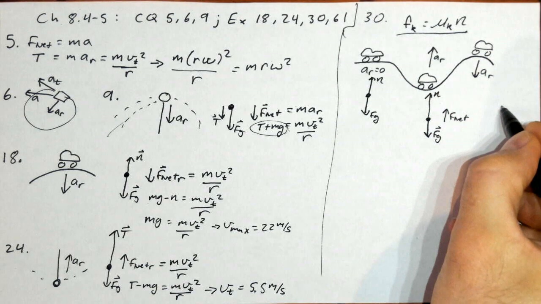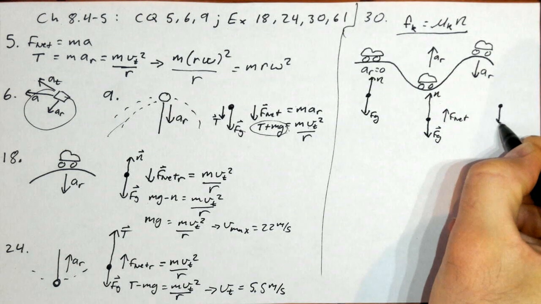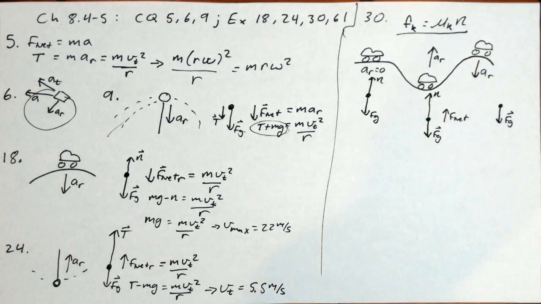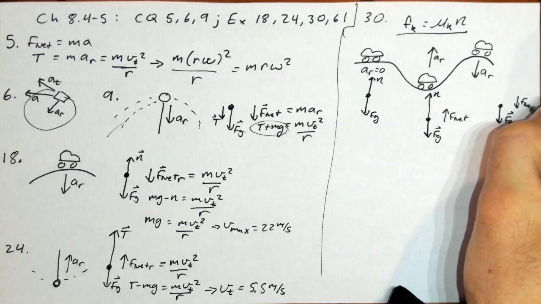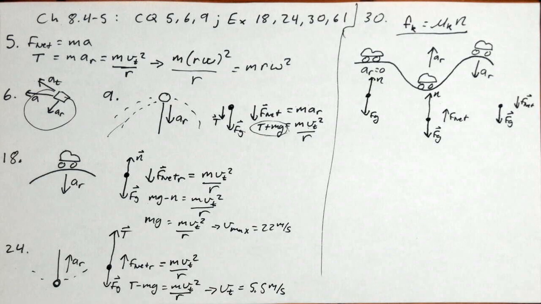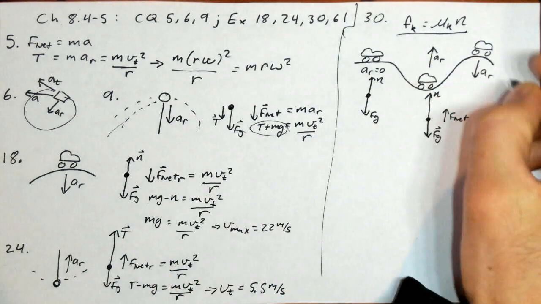Okay, and over here, gravitational force is no different, but the net force is down, and therefore the normal force must be smaller.